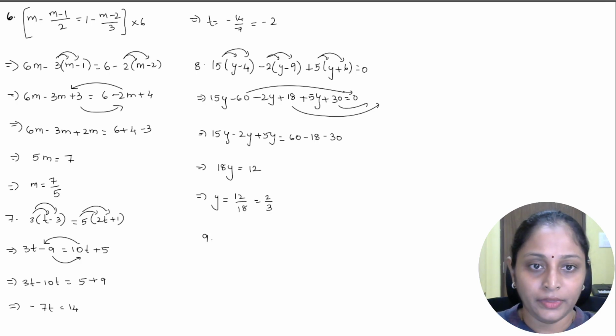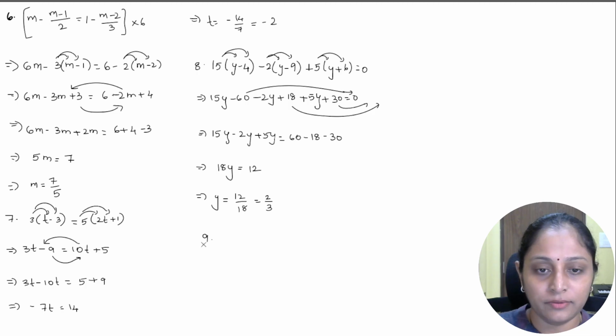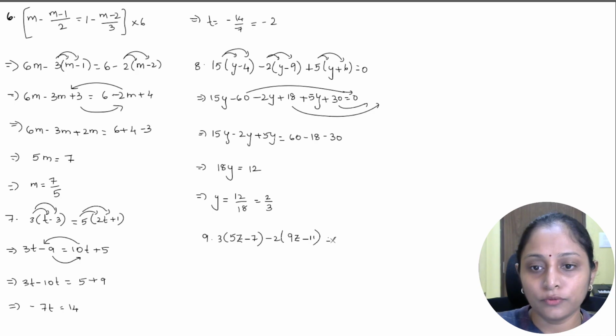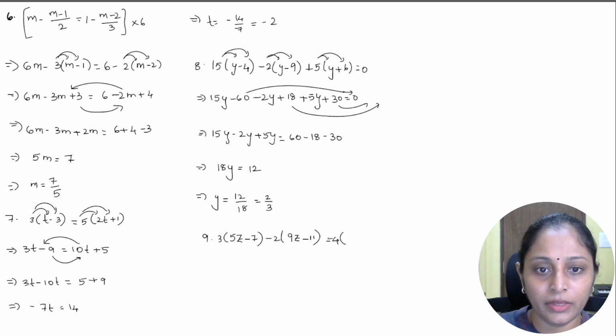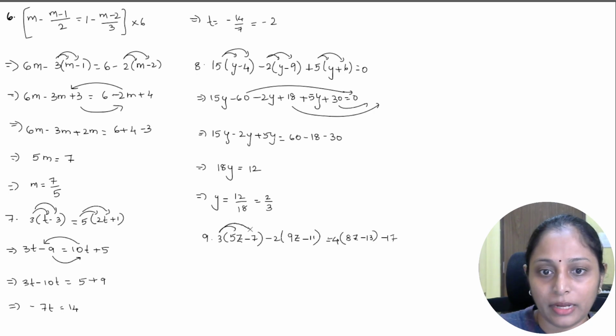Next, last 2 questions. 9th one, 3 times of 5z minus 7 minus 2 times of 9z minus 11 is equal to 4 times of 8z minus 13 minus 17. First I have to open the brackets, right?